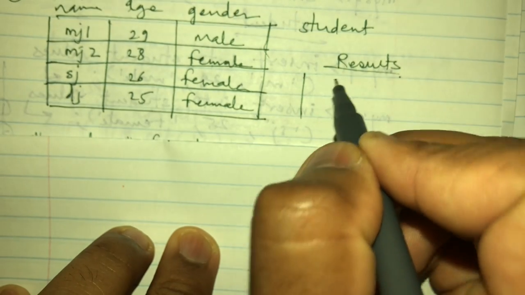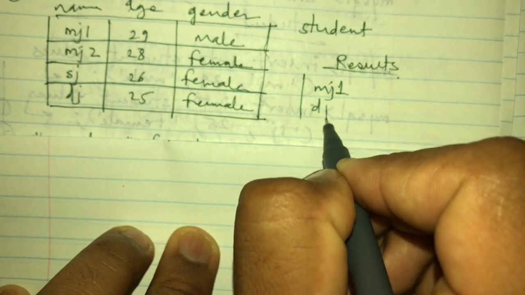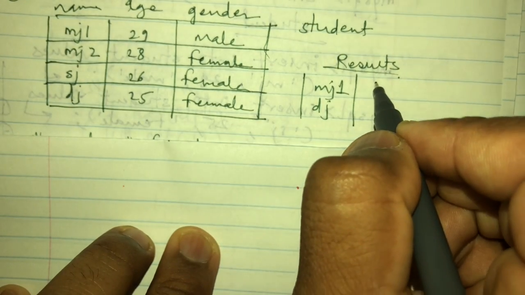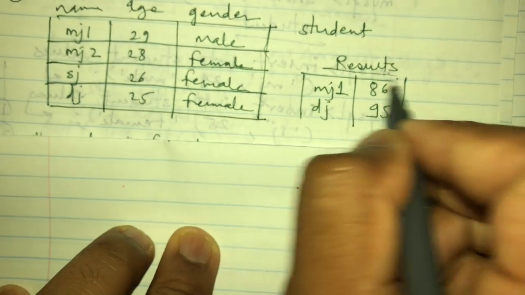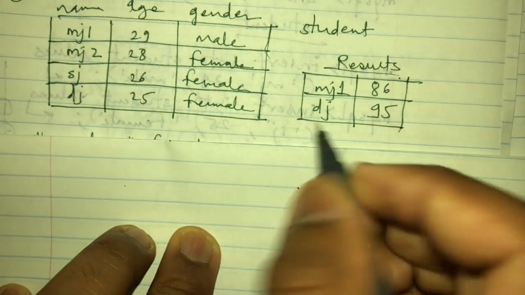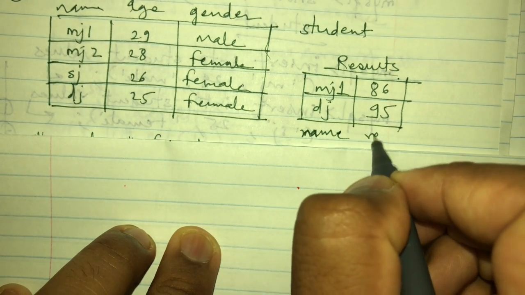So let's say this results table has two records, MJ1 and DJ1, where MJ1 is 86 and DJ1 is 95, where column 1 is name and column 2 is result.